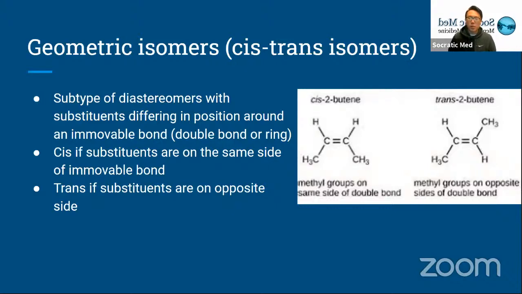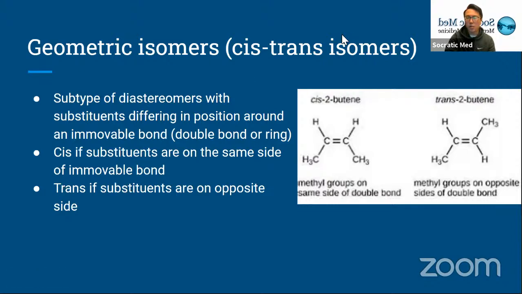So these substituents stay on the same side of the bond. When the substituents are on the same side of an immovable bond, we think of it as cis, as in same. And if the substituents are on opposite sides of the double bond, we think of it as trans.